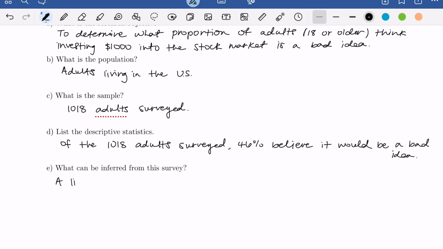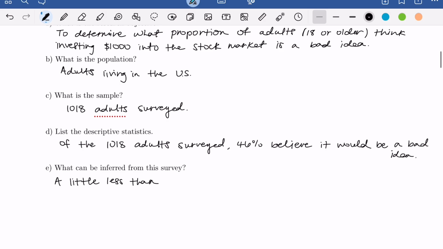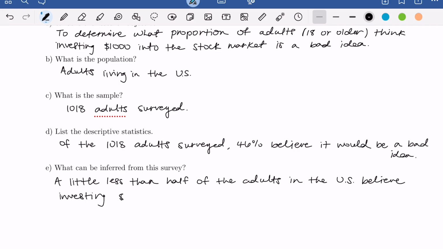So a little less than half of the adults in the US, based off of this survey, believe investing $1,000 into the stock market would be a bad idea.